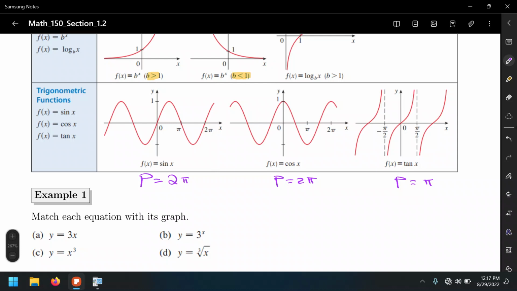In this case, it completes a cycle between negative pi over 2 and pi over 2. That's 1 unit of pi. This is going to be very important in the second exercise when we find domains involving trigonometric functions.